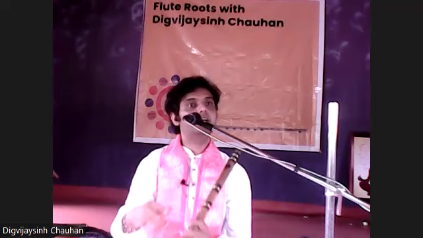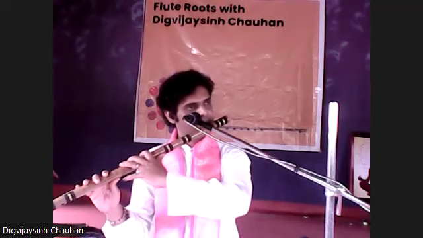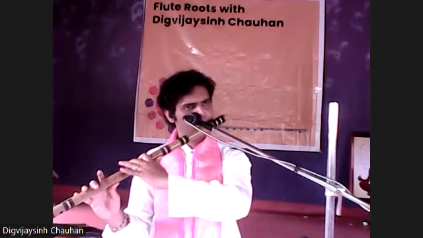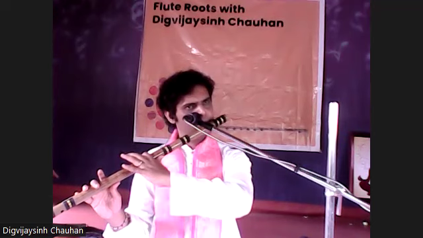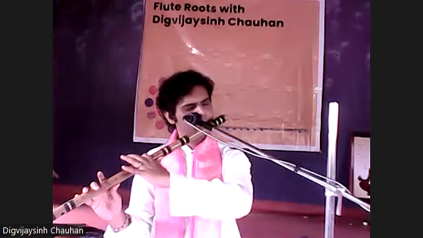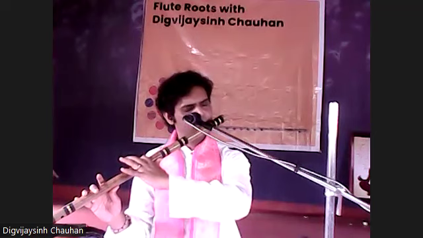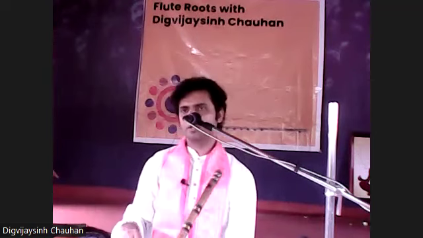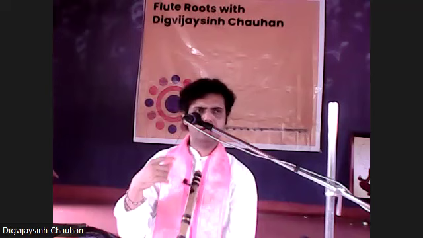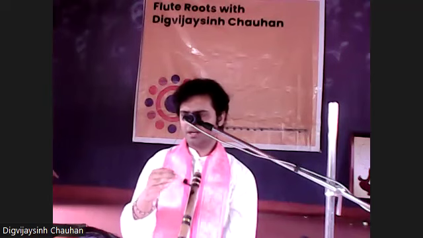Not more than 5, not less than 5. So this way you are adding every note and improvising for minimum 5 minutes in that limit. Now adding ga. Re re ga.